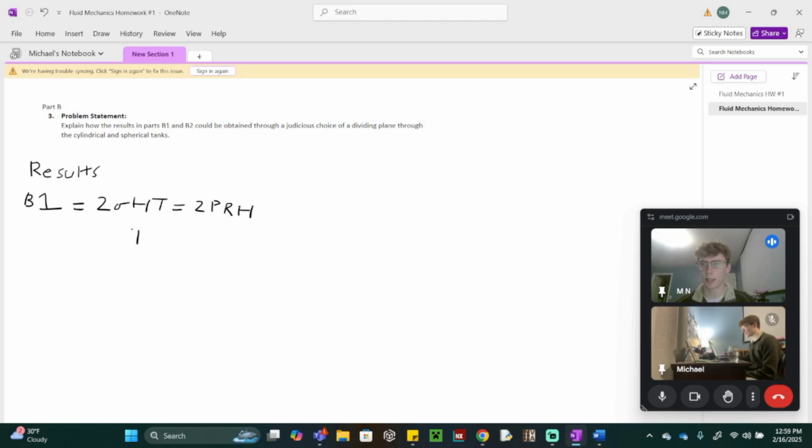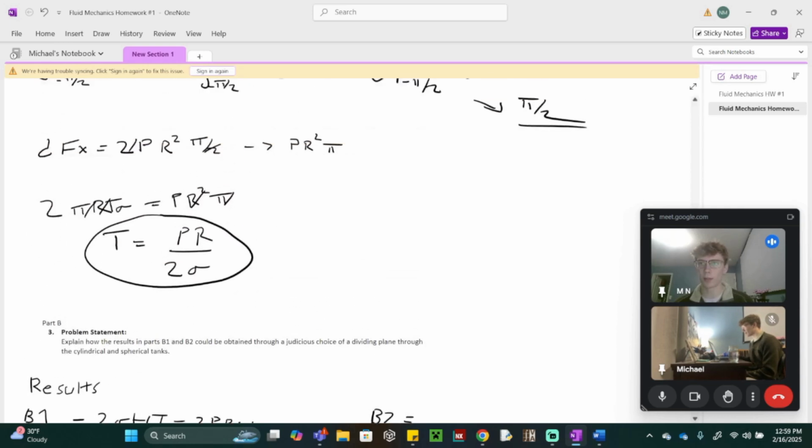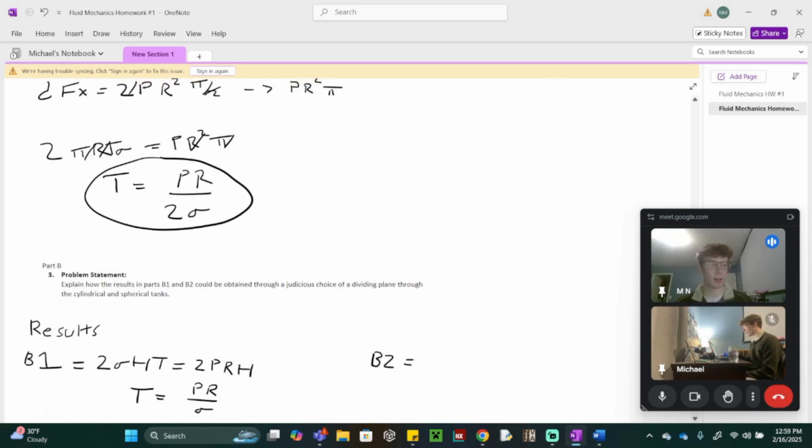So our t in this case was equal to p r over sigma. And let's look at the results of our spherical tank, B2, which were 2 pi r t sigma equal to p r squared pi.